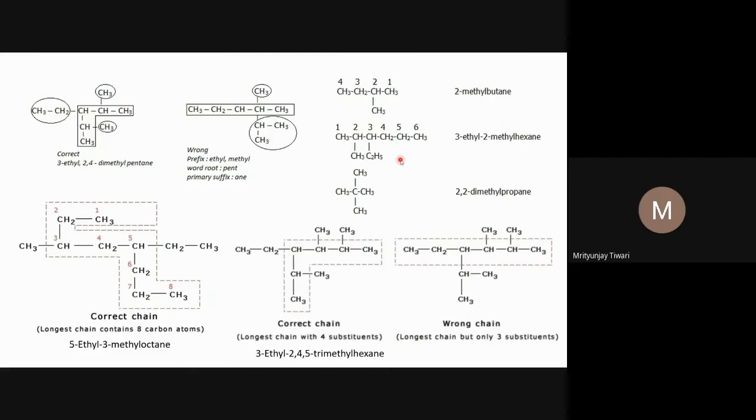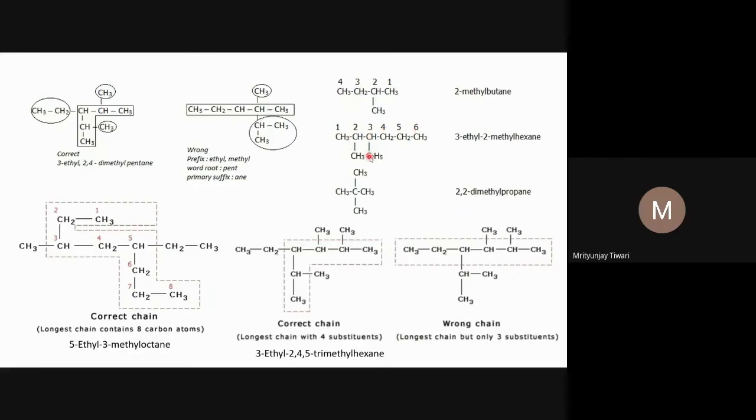Then this compound's name: six carbon atoms in the main chain, one, two, three, four, five, six. Even from this direction this will be there, and you go more for the number of branches. I hope you understand this point. What I said is one, two, three, four, five, six. If you consider this chain as the parent chain, then you have two branches at the second and third position, and the number of atoms in the parent chain is 6.